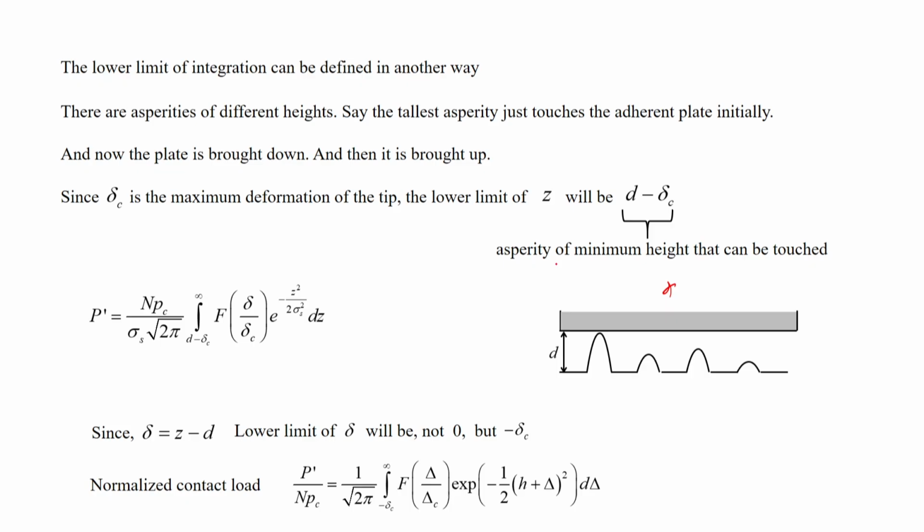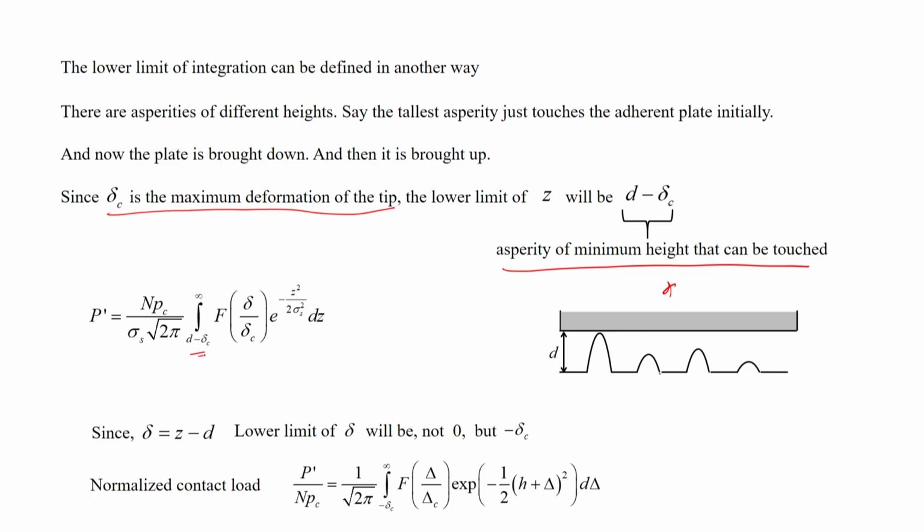So the asperity of minimum height that can be touched will be d minus delta c. Why? Because delta c is the maximum deformation of the tip that is possible before separation happens, that is the pull-off deformation. So when you press this top adherent, we can go up to this particular height, d minus delta c.